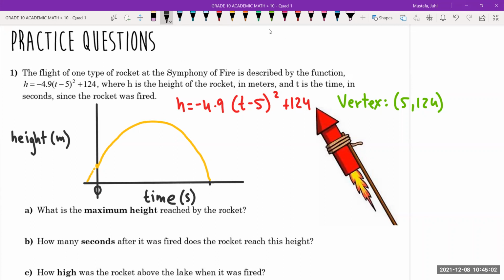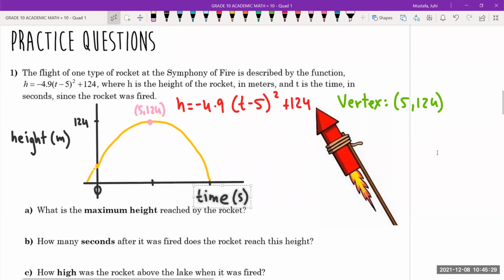Okay, now the vertex is 5, 124. So this point right here is 5 bracket 124. What does that mean? That means when you go 5 seconds across and then you go up to 124 meters, you're going to get your vertex.